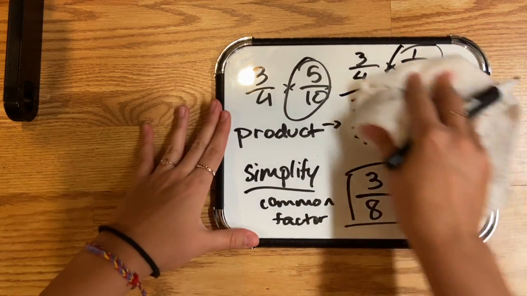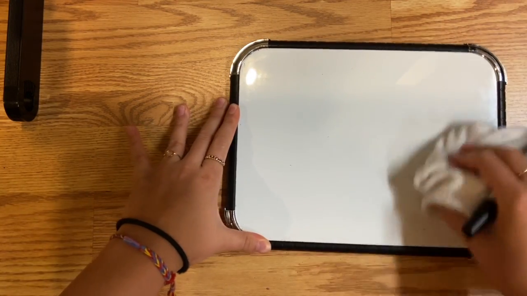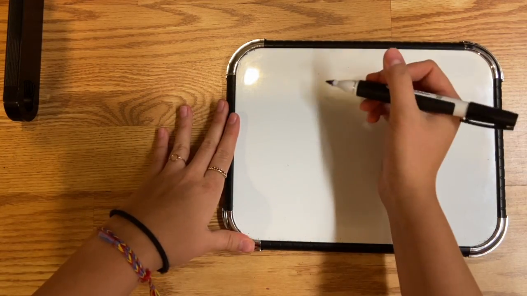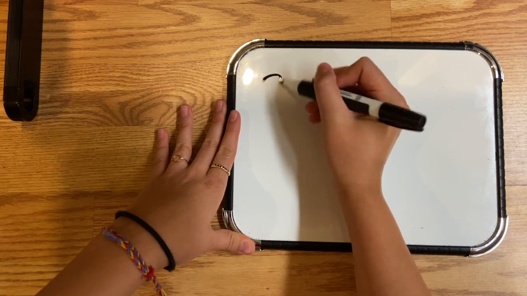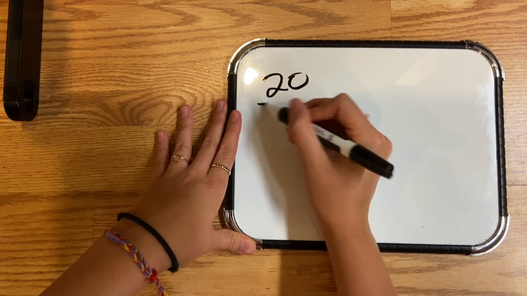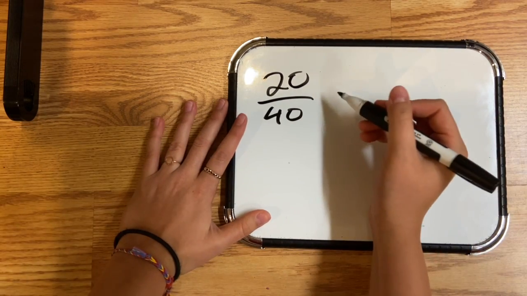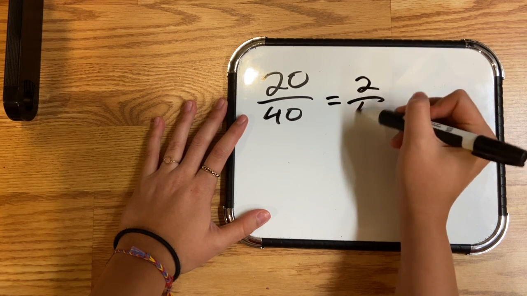Wow, that's so cool. So when simplifying stuff, to make it less tricky for your brain to think about, you can do it in steps. So let's say we have a bigger fraction like 20/40. Some of us can immediately look at that and say, hey, those are both divisible by 10. And we have 2/4.